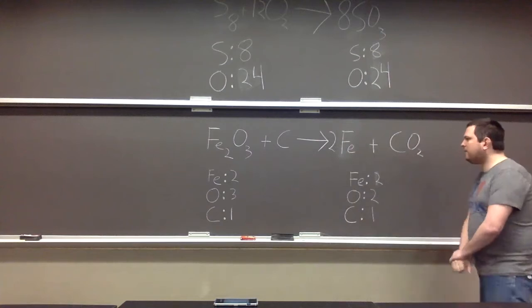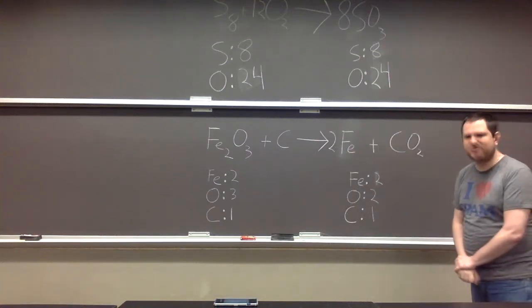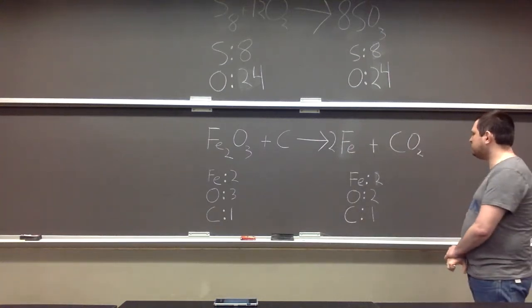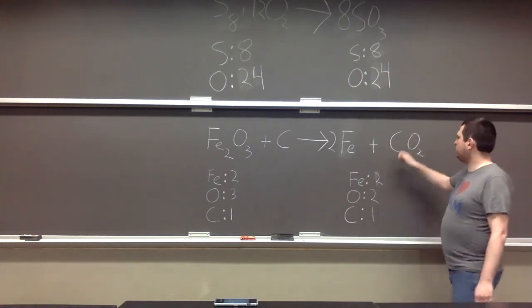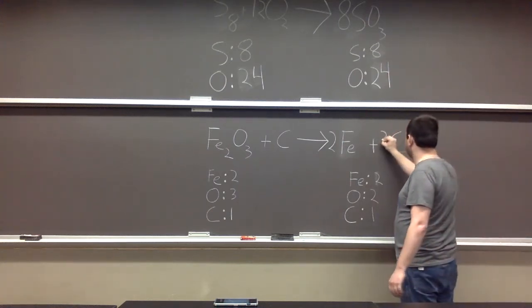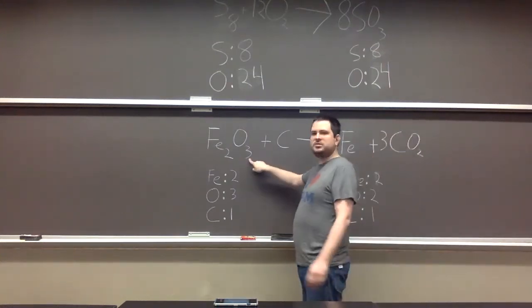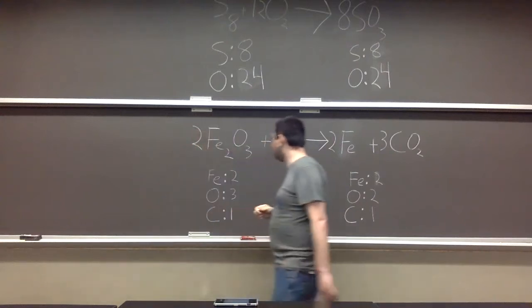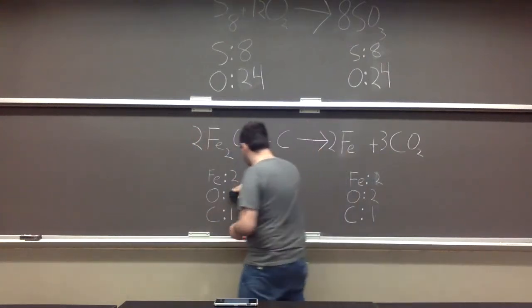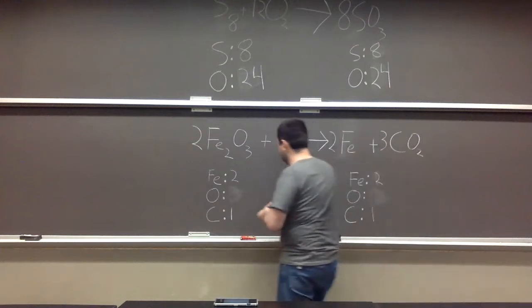The easiest common multiple among them would be to multiply them together. 3 times 2 is 6. What times 2 equals 6? We would have to put 3. And what times 3 equals 6? 2. So now our oxygens match.